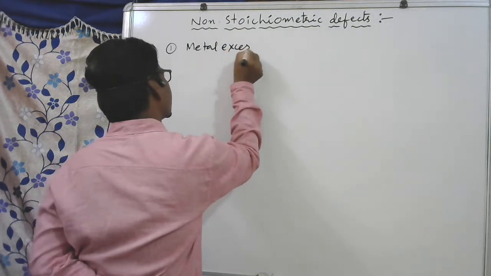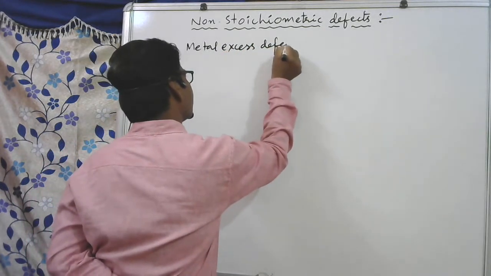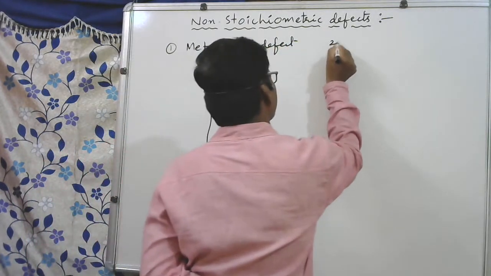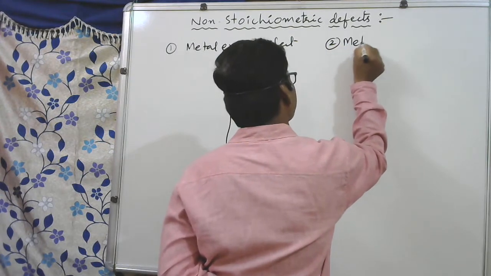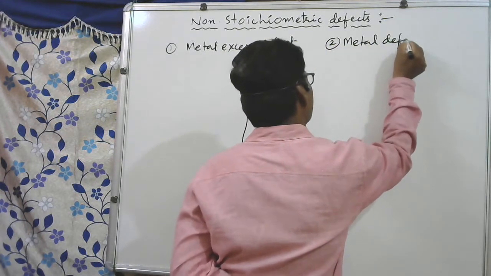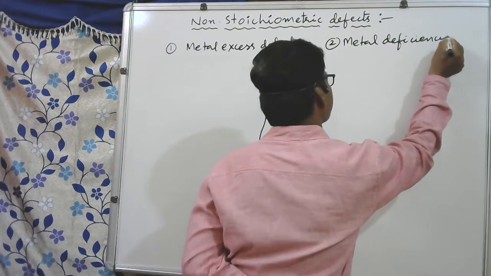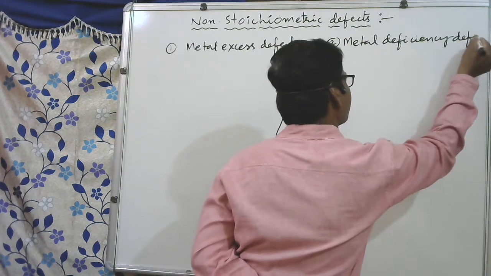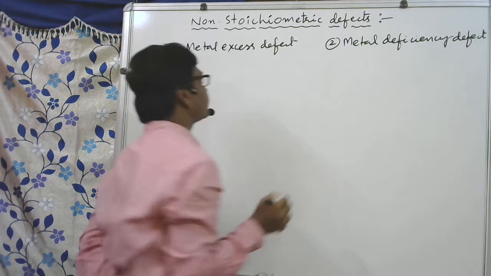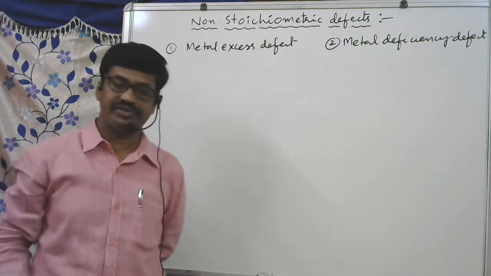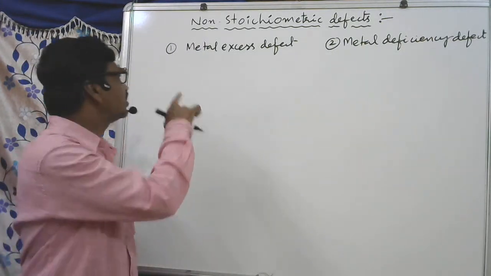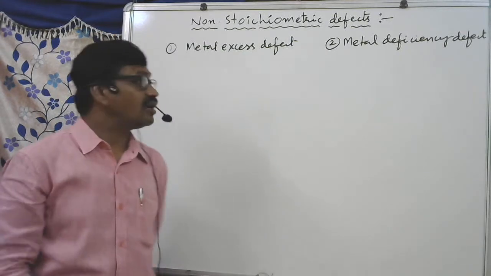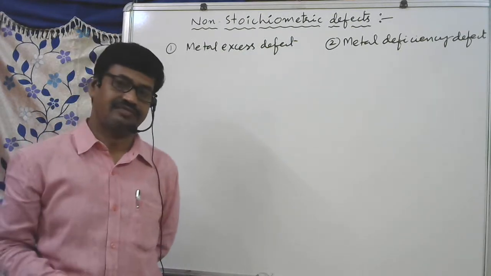There are the two types. Non-stoichiometric defects are of two types. One is metal excess defect. Other one is metal deficiency defect.